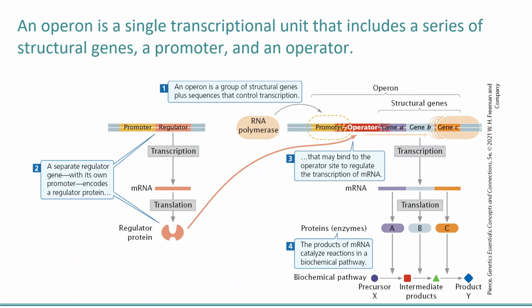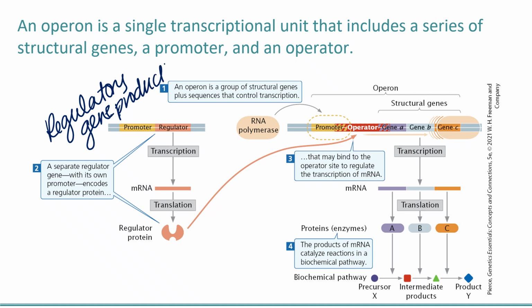In our textbook image for the operon, we have our promoter region, which is where our RNA polymerase is going to bind. You can see next to it that we have the operator. Now, the operator is the location of the regulatory gene product binding.